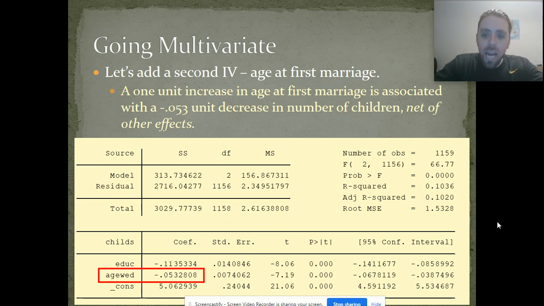Also, look at what happened to my R squared, 0.1036 now. You see where I'm looking up here, R squared. Now, these two independent variables that I've included together account for 10.36% of all variation in number of children. Not bad, huh?